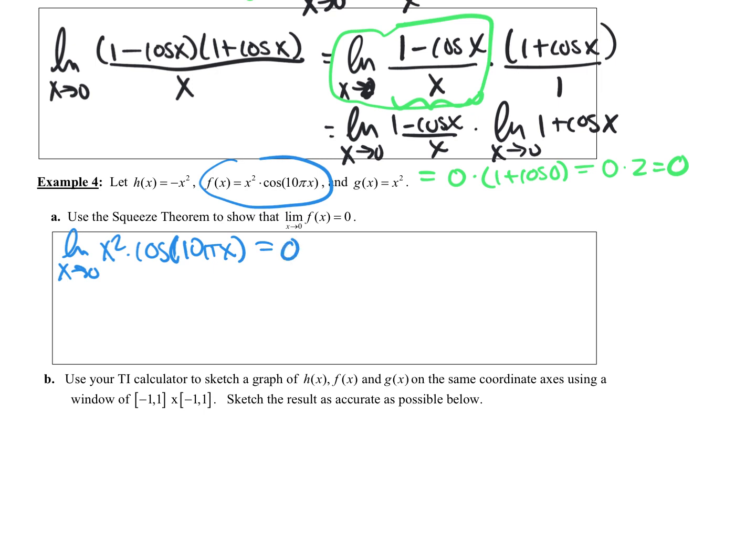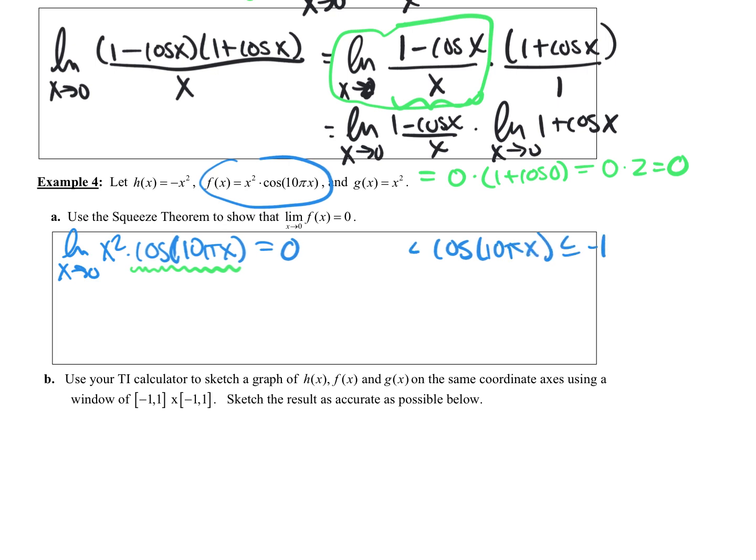That's what this asks us to do using the squeeze theorem. So here we don't have an inequality to start with, so we're going to have to create our own. But the nice thing is that whenever cosine is involved, we always know that it is bound between -1 and 1, as long as you only change the inside. Cosine, as long as you don't multiply by anything on the outside, no matter how you change the inside, will always be between -1 and 1.